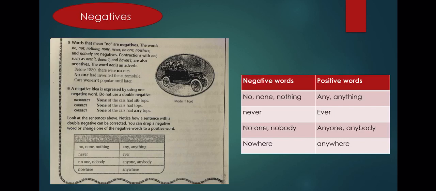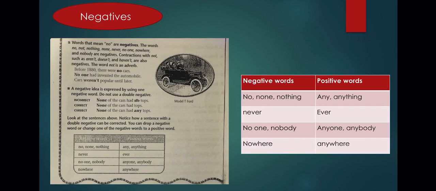Here you have in your page an example which is incorrect: None of the cars had no tops. Here you have two negatives, which are none and no. So this is incorrect. You should not use two negatives in one sentence. The correct sentence is: None of the cars had tops. Or we can say: None of the cars had any tops. Any here is not a negative.